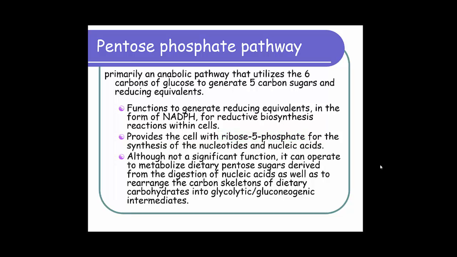So remember, ribonucleic acid, deoxyribonucleic acid. Both started with ribose, deoxyribose. Although not a significant function, the pentose phosphate pathway can operate to metabolize dietary pentose sugars that may be delivered to the cells, as well as digestion of nucleic acids by rearranging the carbon skeletons of these dietary carbohydrates into glycolytic and gluconeogenic intermediates.